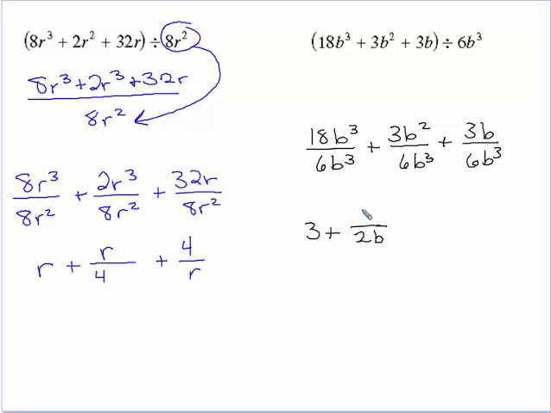I can't leave the numerator empty, so I put a 1 up there. And then 3 over 6 again leaves me a 2. 3 minus 1 gives me 2 b's in the denominator, and again, you can't leave that numerator empty.